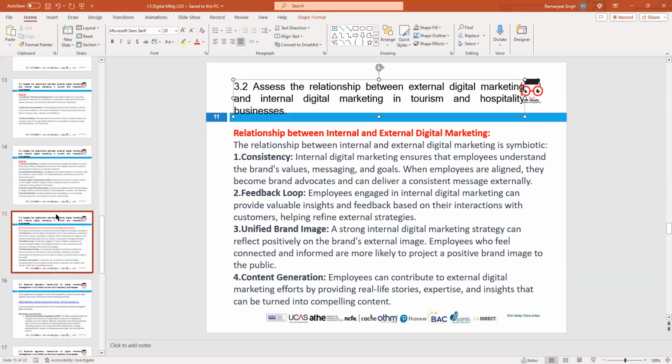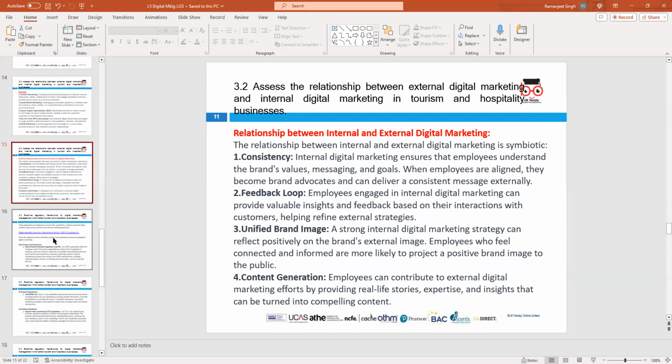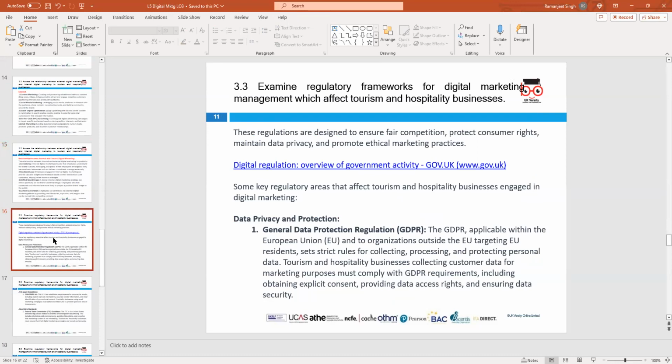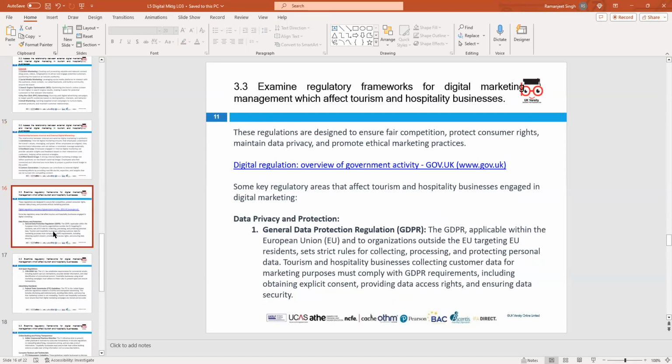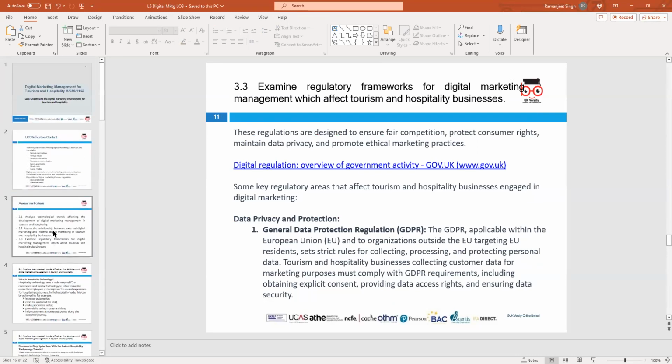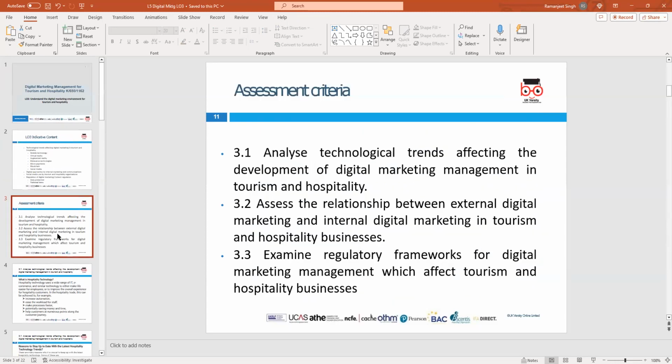So what we looked at during this conversation was 3.1, 3.2, and 3.3. So 3.1 was basically to look at the trends of technology that have affected the hospitality trade over the years, right? Like digital marketing, the internet, the web, artificial intelligence, early booking, and so on.